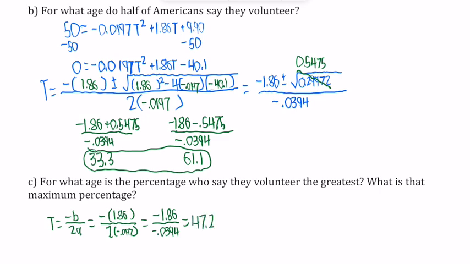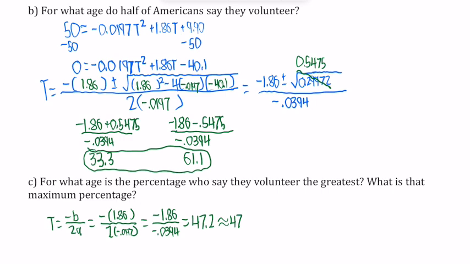Now here, instead of going ahead and plugging that into our function, our answer needs to be an actual age here, I think. You don't really talk about people who say they're 47.2 years old. We'll go ahead and round this off to a whole number of 47.